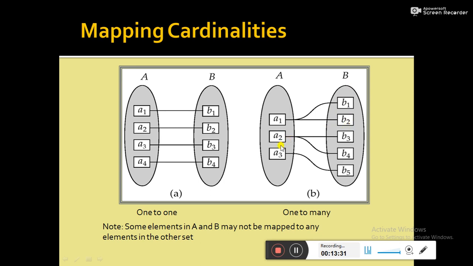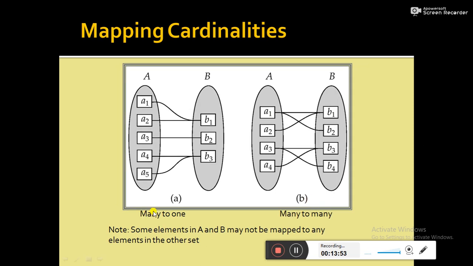It may happen that some entity in entity set A is not associated with any entity in B. There also it's one-to-many. And from B, an entity in entity set B must be associated with at most one entity in A. So this is one-to-many.